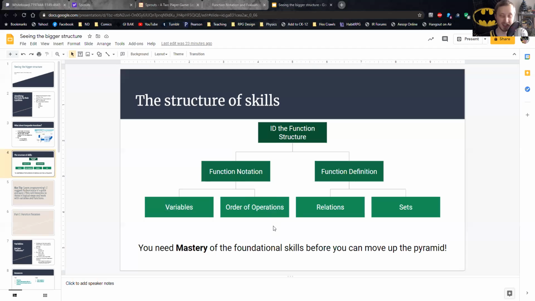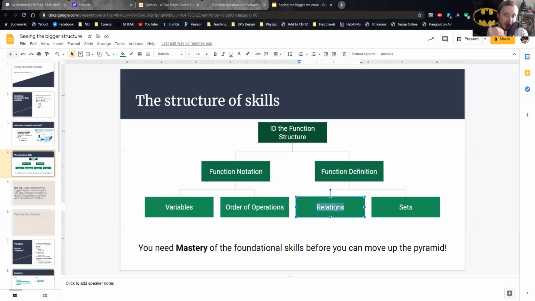There's a difference. Parentheses mean two completely different things. Same with the function definition. The definition of a function depends upon the relation, because a function is a special type of relation. Remember, I think we did in this class, we defined algebra as the mathematics of relationships. Well, that's the core component right there.